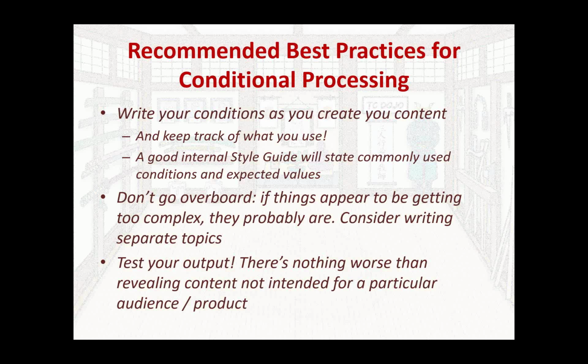Why don't we just cleave this off into its own completely separate thing? Often a good way to do this is if you're going from, say, version 1 of a product to version 2, and it's like, okay, let's start over again and carry on from there. And also, don't forget, especially when working with DITAVAL, test the output. There's nothing worse than revealing content not intended for a particular audience or product.